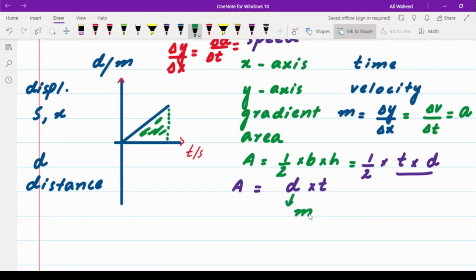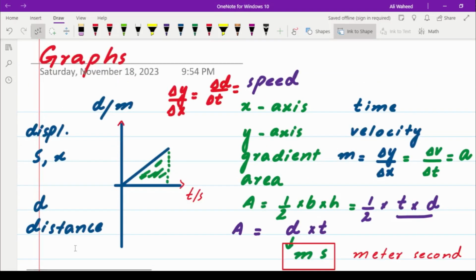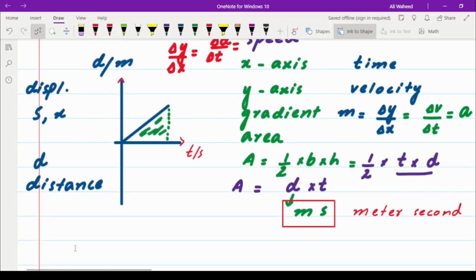It is meters. And what is the unit for time? It is seconds. Now think about it. Do you remember any quantity for which the unit is meter second? I'm not saying meter per second. I'm saying meter second. So do you remember writing or studying any quantity for which the unit was meter second?